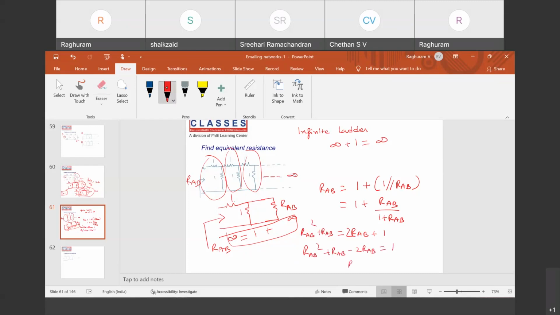So solve for RAB, you'll get the value. Solve it and tell me the answer.